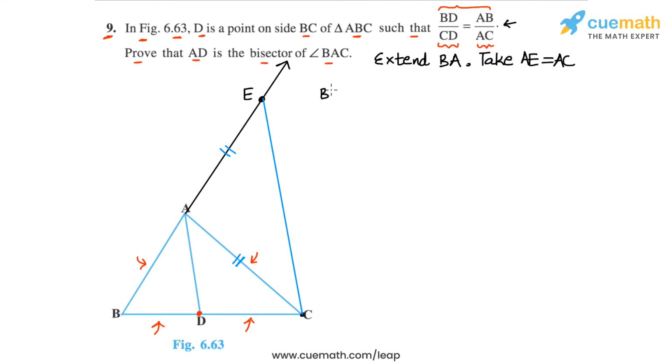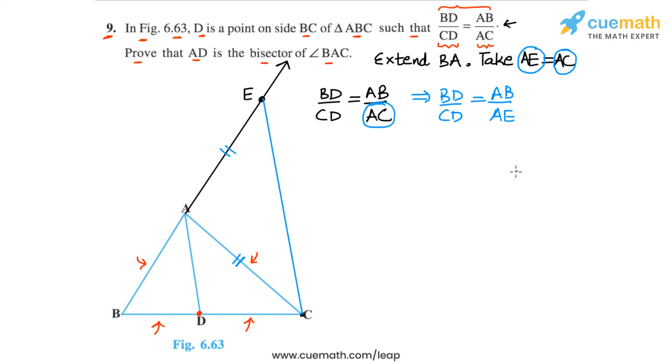But because of the construction, we also have AC equal to AE. So in this equality that we are given, instead of AC, we can write AE. So that will give us BD by CD is equal to AB by AE. So instead of AC, I have written AE.